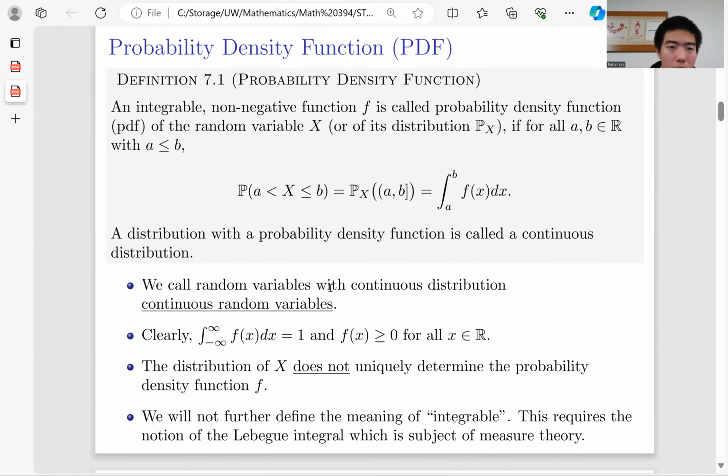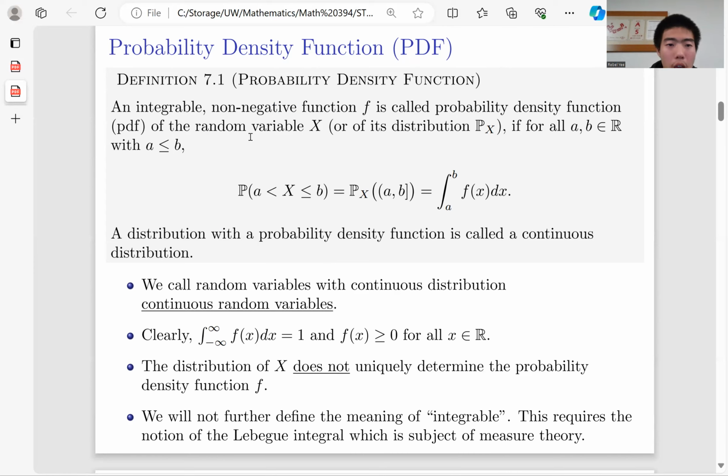One determining feature of continuous random variables is the probability density function, called the PDF. The PDF is very similar to the PMF in the discrete case; I would say it is just the counterpart of the PMF.